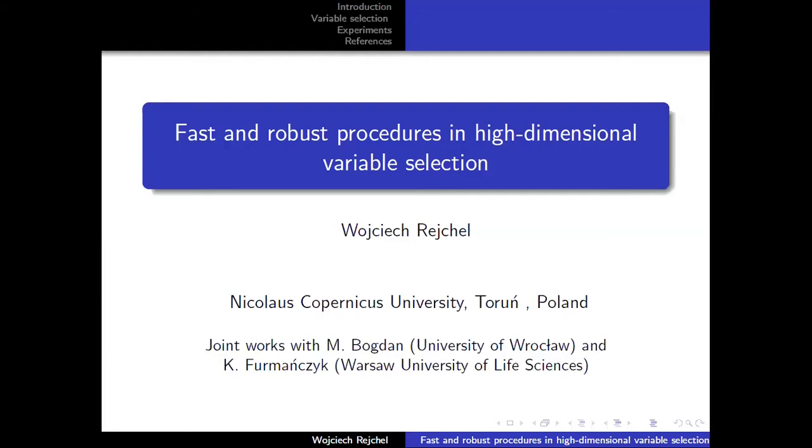They are not time-consuming, and moreover, they are robust, for instance, to outliers which can appear in the sample, or with respect to some link function that I will show you in a second.